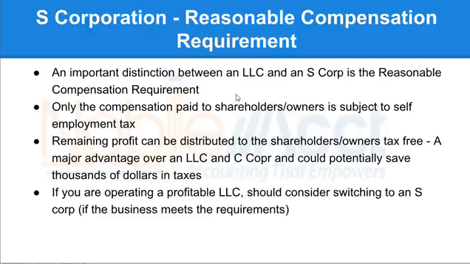This in fact is why S corporations are very popular business entity structures among small business owners compared to LLCs or sole proprietorships. So if you're operating an LLC, and if you meet the requirements of an S corporation, then you should definitely consider switching to an S corporation to save some money on potential taxes.